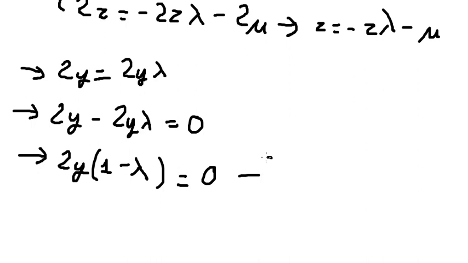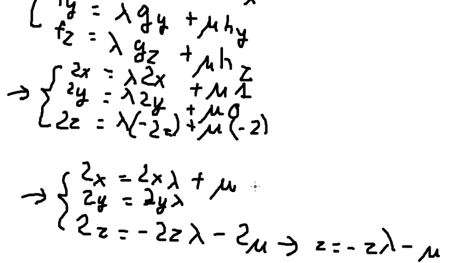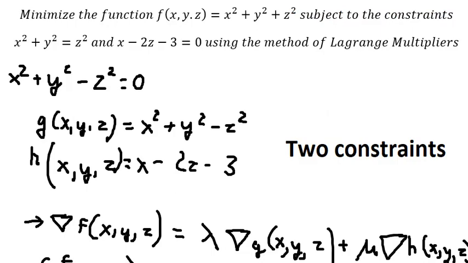So in this situation, we have y equals number 0 and 1 minus lambda equals number 0. So lambda equals number 1. After you got this one, we need to put back to this one.